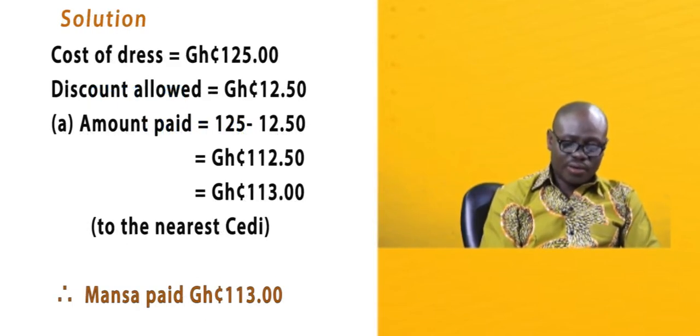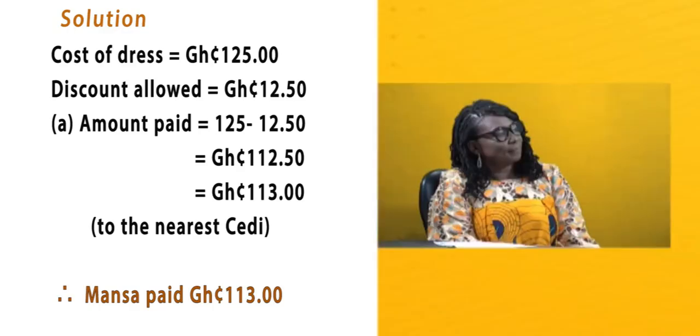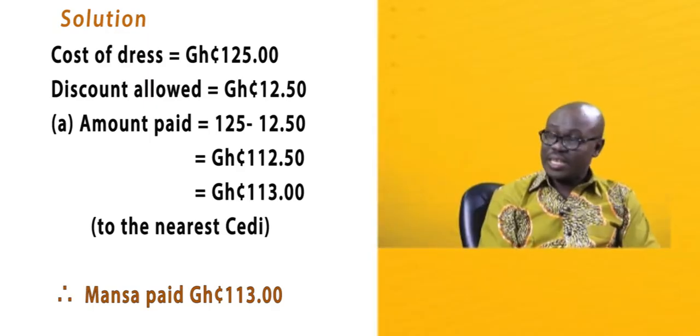We will have 125, being the cost of the dress, minus 12.5, being the discount allowed. When you subtract the discount from the cost of the dress, it will give you 112 Ghana cedis 50 pesewas. Don't forget, the question requires us to correct our answer to the nearest cedi. And when we do that, we shall have 113 Ghana cedis. That suggests that Mansa paid 113 Ghana cedis for the dress.